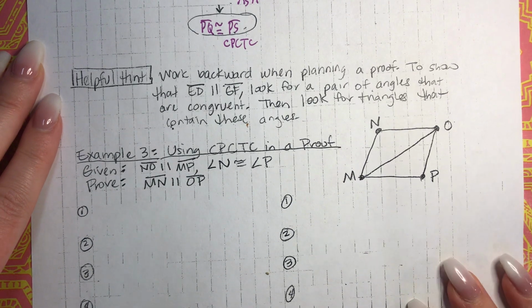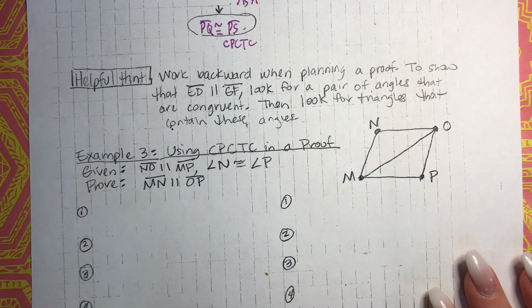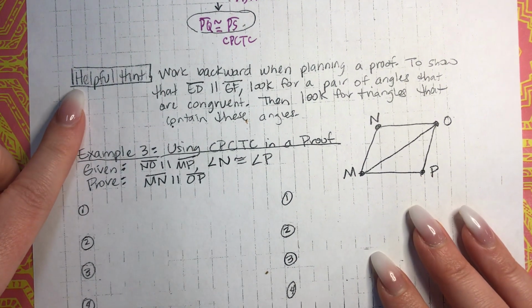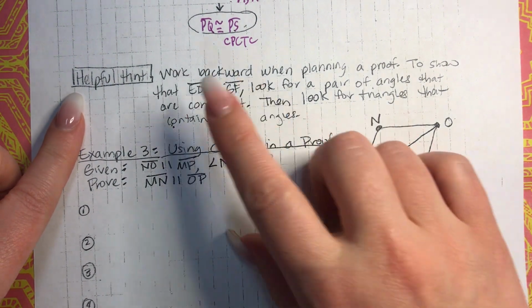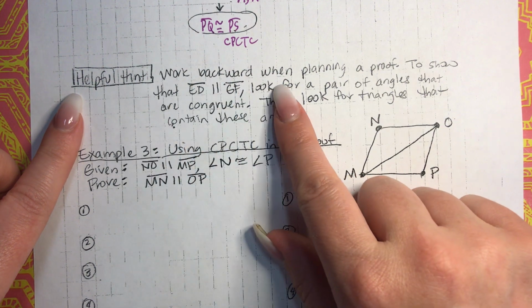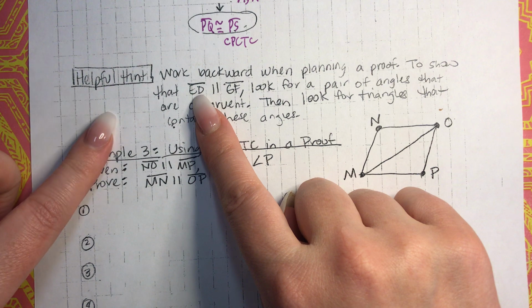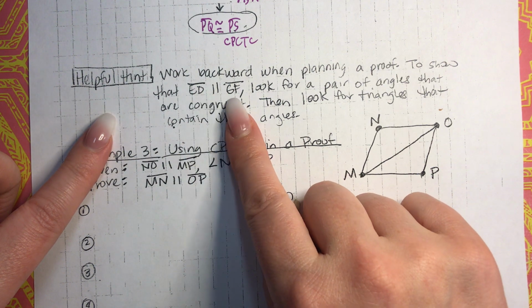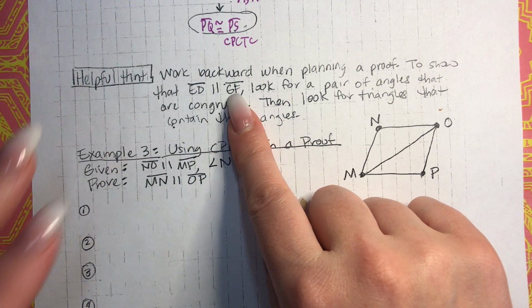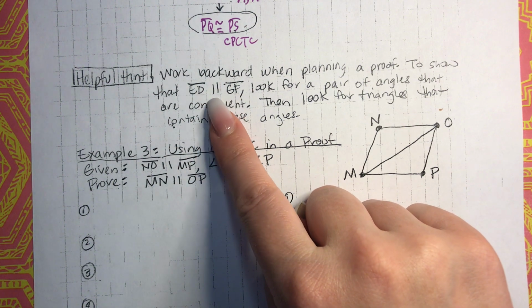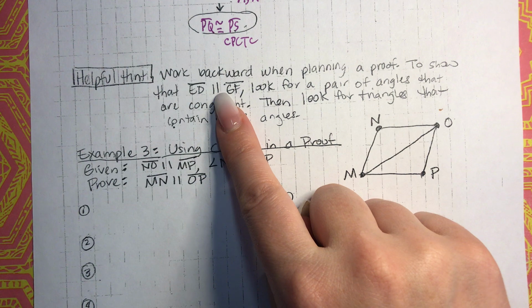All right, welcome back. So before we get started with example 3, let's go ahead and look at this helpful hint. What this says is work backwards when planning a proof to show that segment ED is parallel to GF. So if you're trying to prove that two lines are parallel, it's saying work backwards.